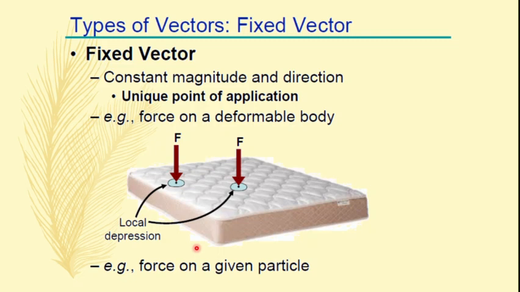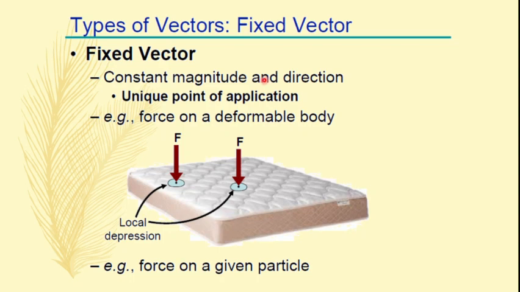Now we discuss the types of vectors. First, we discuss the fixed vector. A fixed vector is a vector which has constant magnitude, that is, a fixed magnitude, and also the direction is fixed.